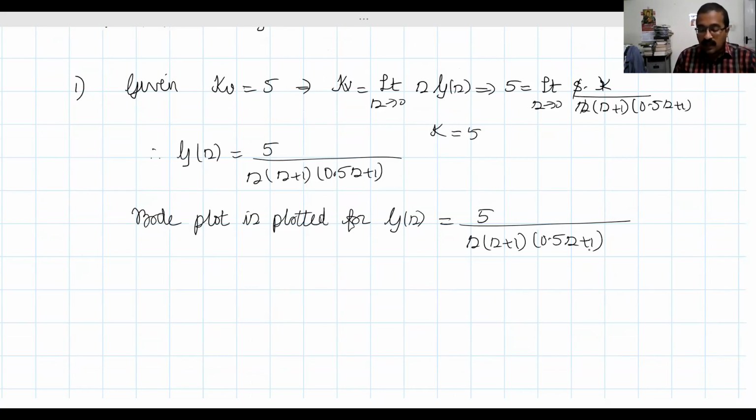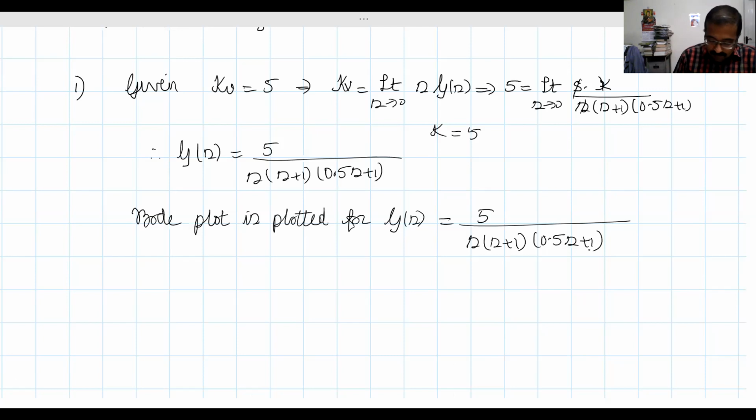What is our aim? We have to see the present phase margin, gain margin, and things like that. If you want, you can calculate the phase margin, gain margin, omega GC, gain crossover frequency, and omega PC, phase crossover frequency, etc. Or you can also do a Bode plot.